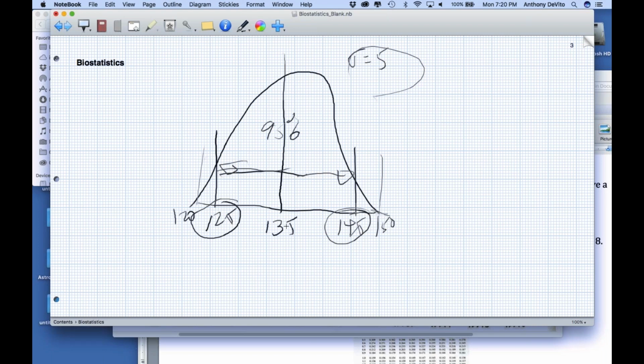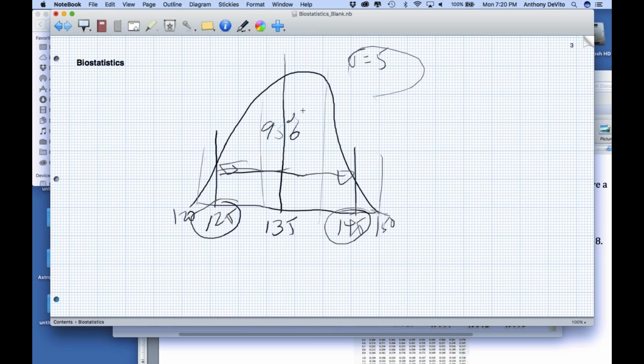Now, if I sample a person that I don't know is from this population and they come out to be 132, there's a pretty good chance they're from this population, because 132 is all the way in here. That's a pretty likely outcome if I sampled someone. Maybe 137, that's a pretty likely outcome as well.